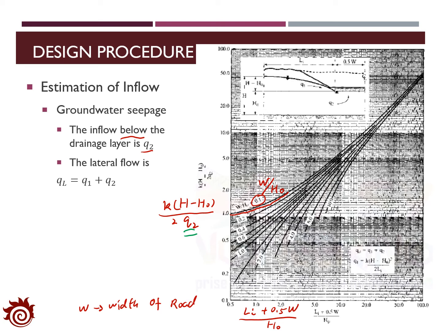By finding the value of (Li plus 0.5 W) over H0, we are able to find out the value of this term. In that sense, we can calculate the value of Q2. Once we find both Q1 and Q2, then the lateral flow from the groundwater seepage can be estimated as QL, which is Q1 plus Q2.